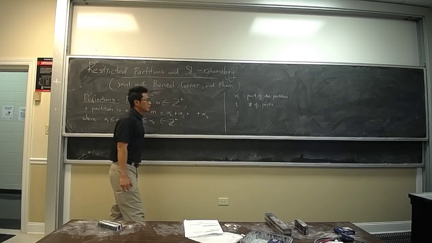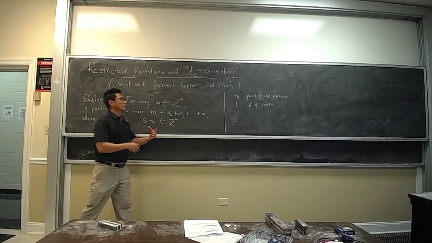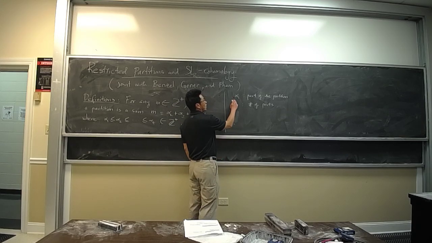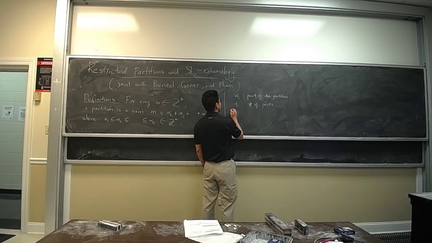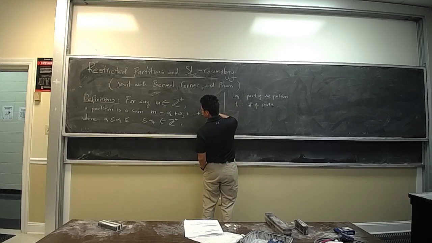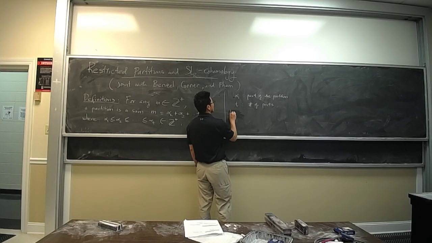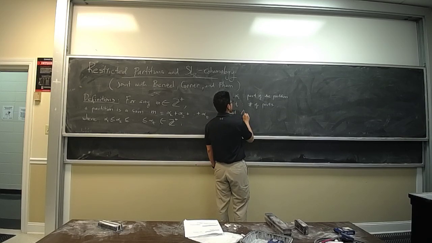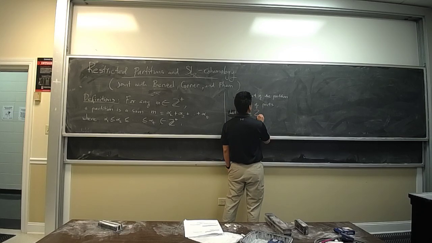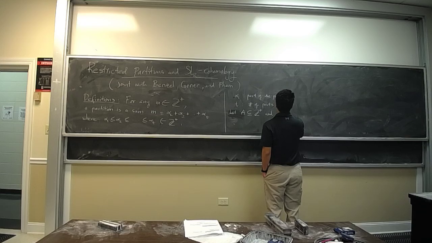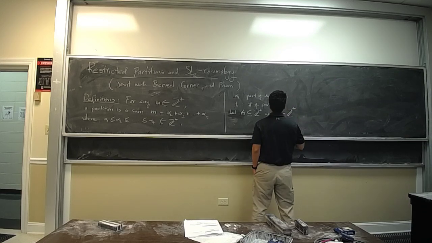Restricted partitions come from restricting the parts of the partition or the number of parts of the partition. In this case, we're going to require both. Let A be a subset of positive integers, and let n be a positive integer.